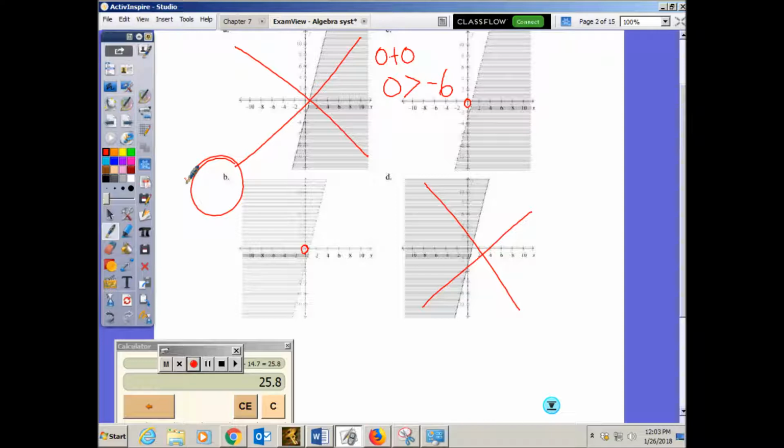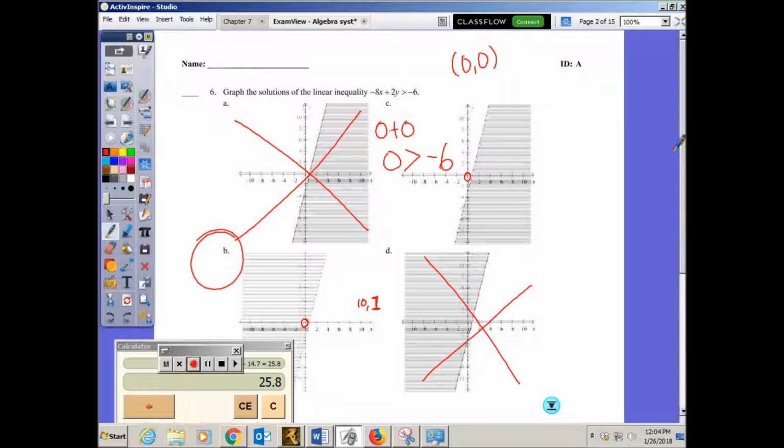Did you follow that? If you need to, you pick a point that is clearly not on the line. So for instance, let's say I picked the point (10, 1). Is (10, 1) clearly not on the line? Okay? Let's say I plug that one in. Let me change colors here.